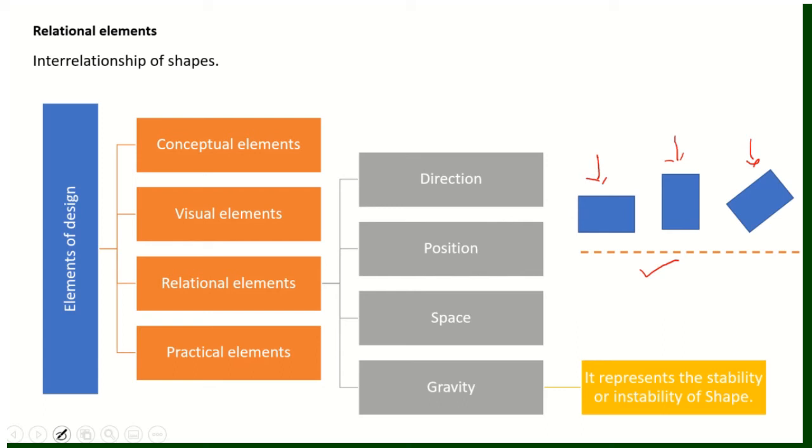So it is nothing but that you have to sense the gravity. It is not the visible one, it may be pulled by the gravity of the earth, right? So these are the four relational elements of design: direction, position, space, and gravity.